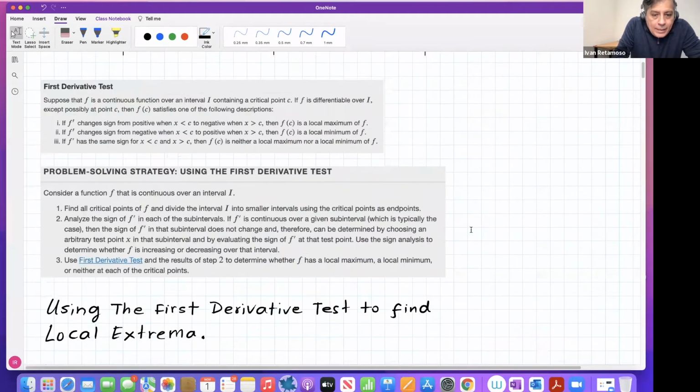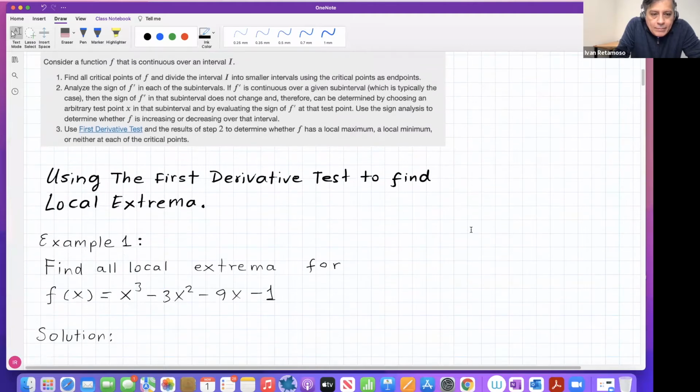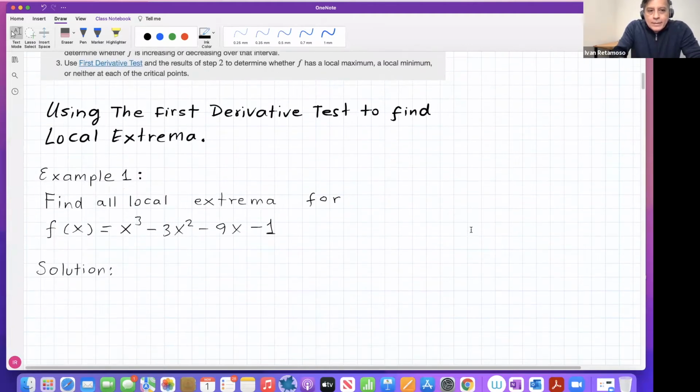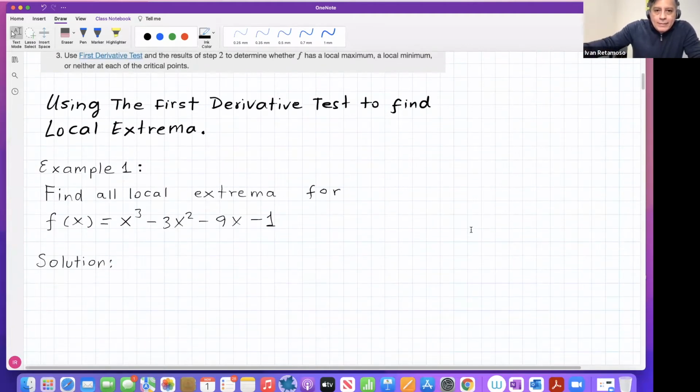All right, guys, practice now, example, right? Concrete example for you to see how this works. Using the first derivative test to find local extrema, either local maximum or local minimum. Well, first, you have to take the derivative, because the derivative is going to tell us where the critical points are, right? So let's start by taking the derivative of this function.